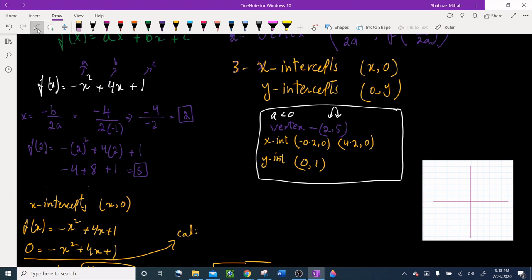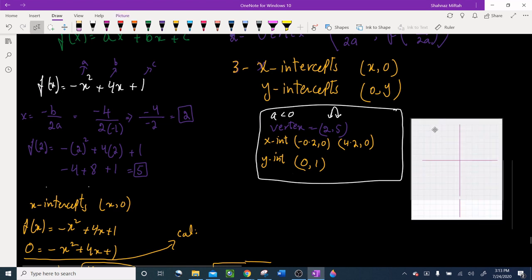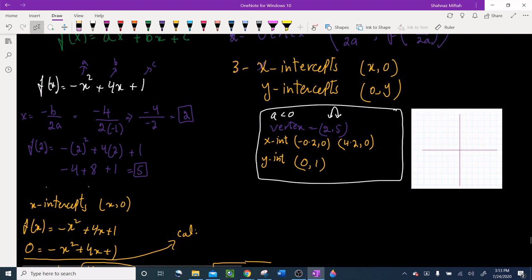So here is my graph. First thing, I know it's upside down, and I'm going to go for the vertex, which is (2, 5). So that's 1, 2, and 1, 2, 3, 4, and 5. Here we go, that's my vertex, in purple.